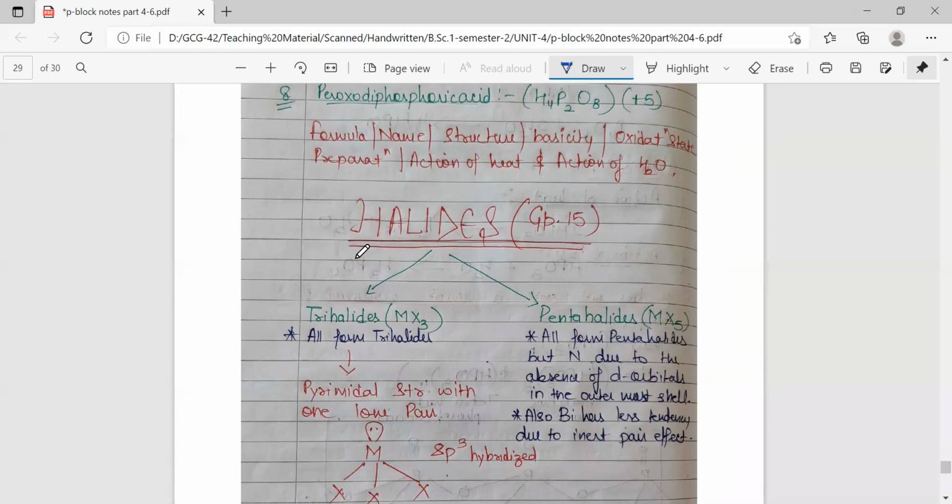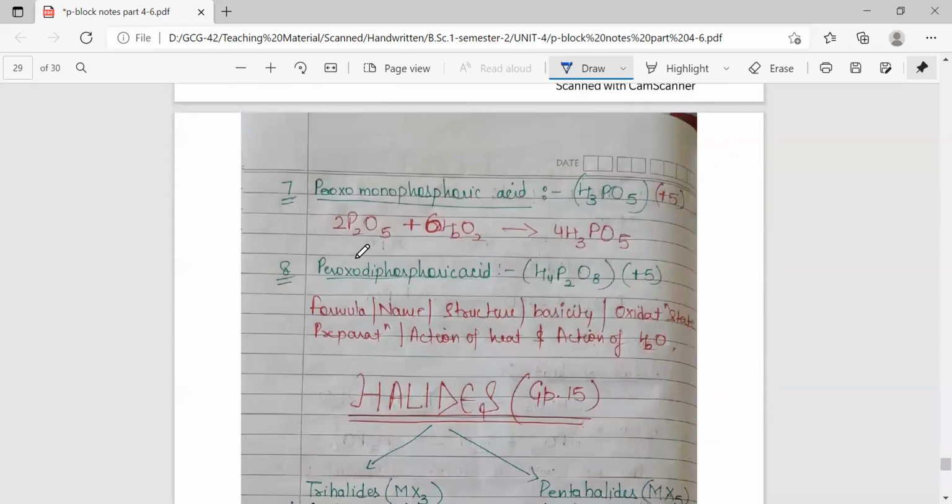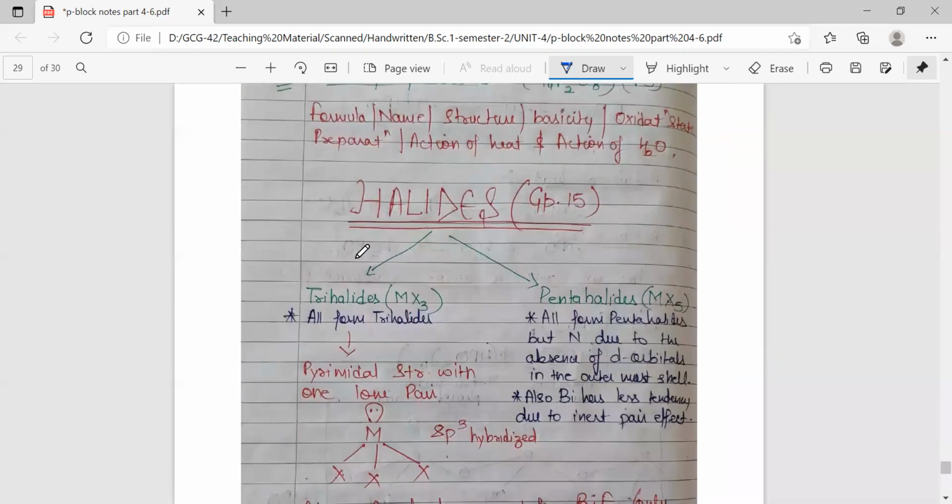So just do not go through this lecture. Take a pen and paper and try to draw these structures. Try to grasp the structures easily, and you will be able to draw them without any mistake. So this is how you can draw this.